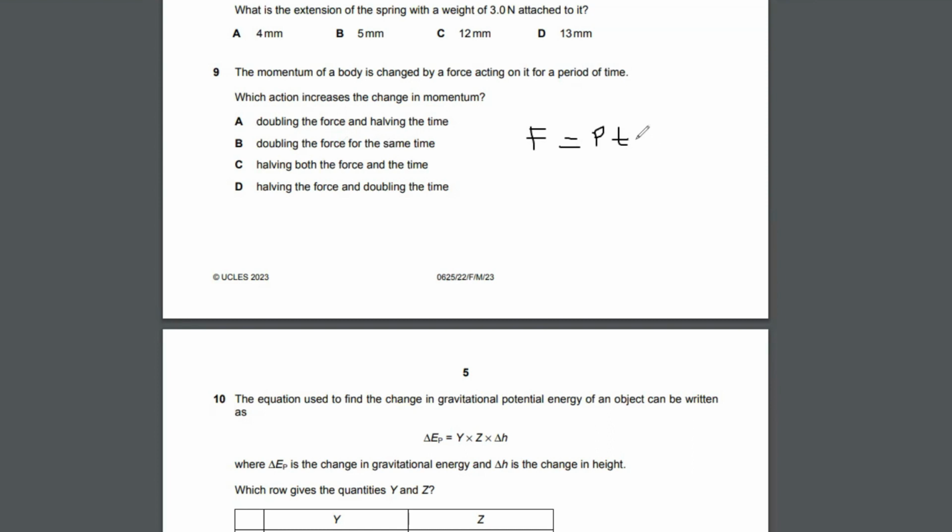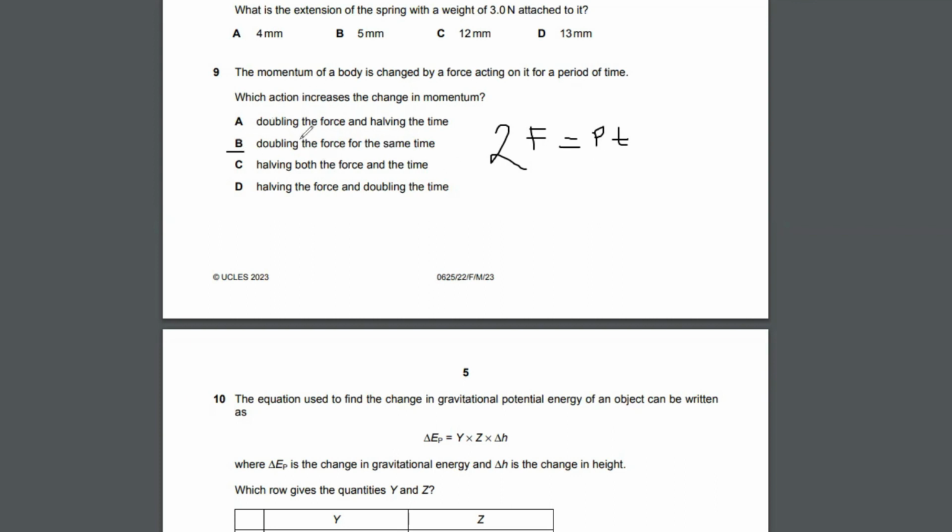So force is directly proportional to the change in momentum. And if I want to increase the change in momentum, what I can do is, I can double the force, and I can leave the time as is. So if I double the force, there will be double the momentum. So the answer is B.